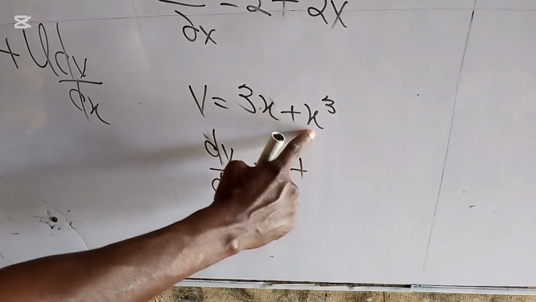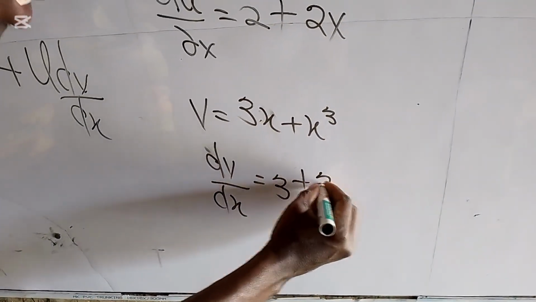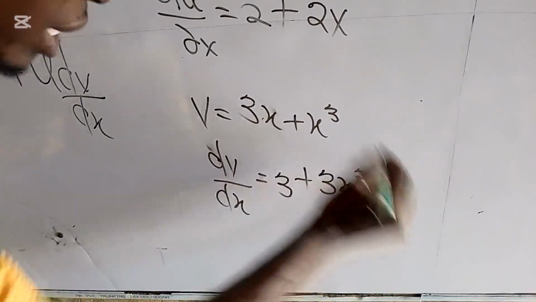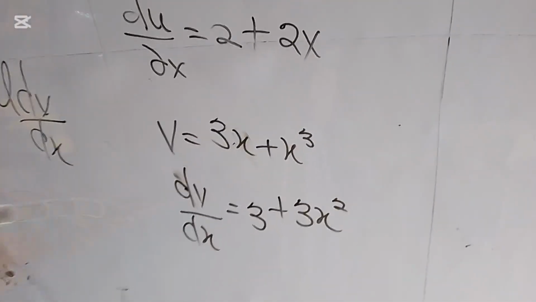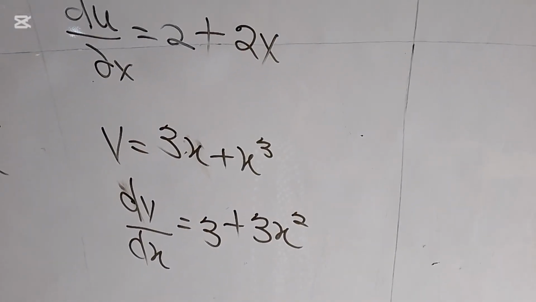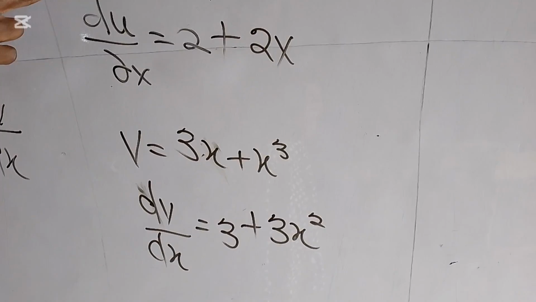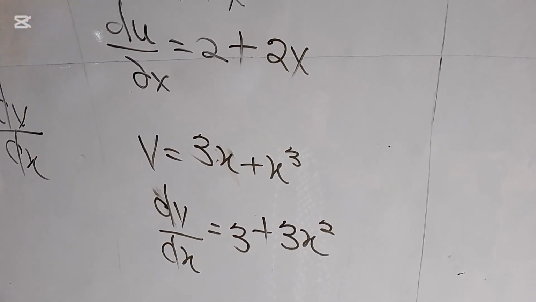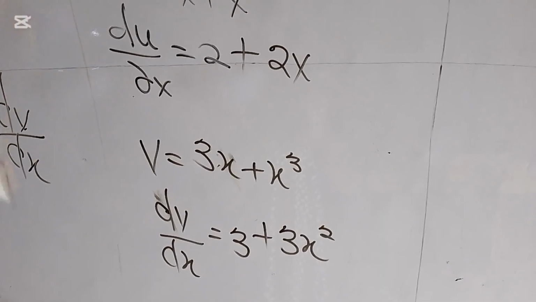Then when we differentiate x cubed, you will get 3x squared. So that is the differentiation of v. So now you can see that we currently have our v, our u, our du over dx, and our dv dx, all here.